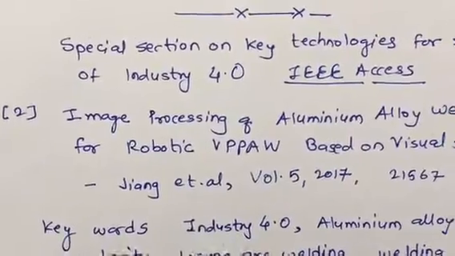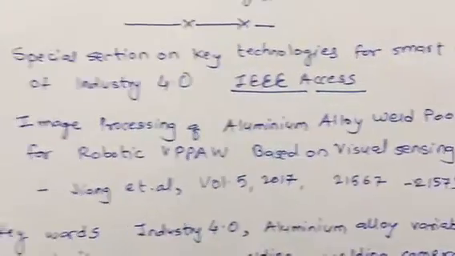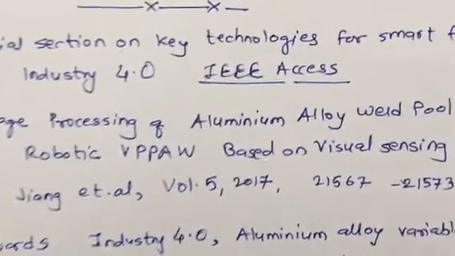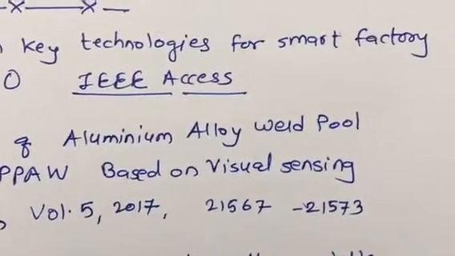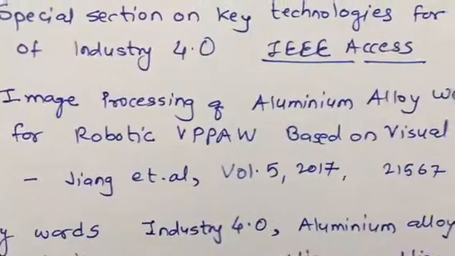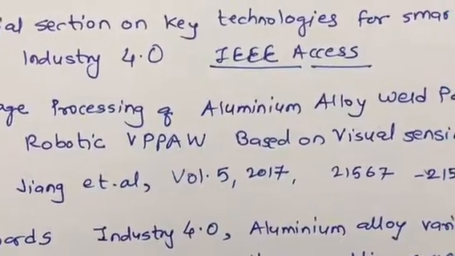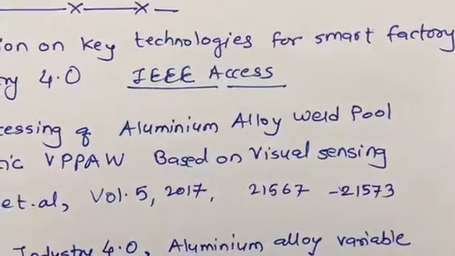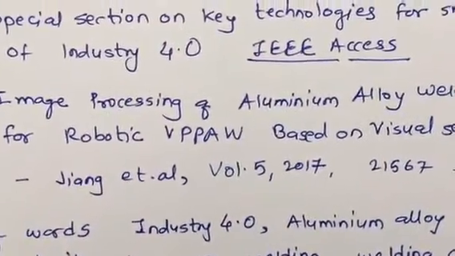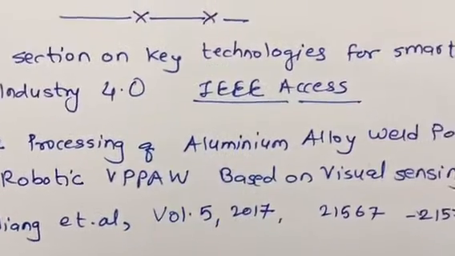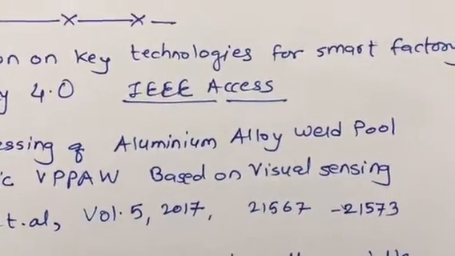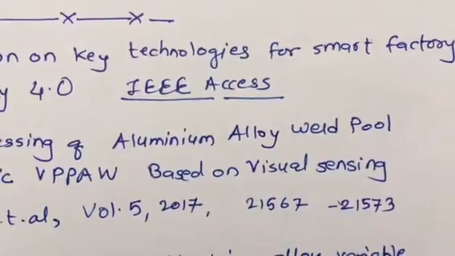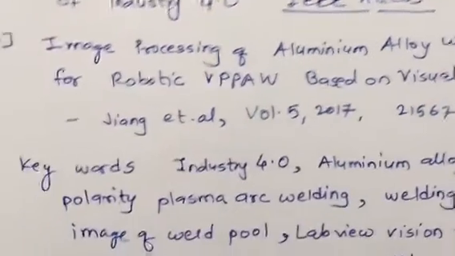The paper title is Image processing of aluminum alloy weld pool for robotic VPPAW based on visual sensing. So this is written by Jiang et al. It's volume number 5, 2017, and these are the page numbers 21567 to 21573.